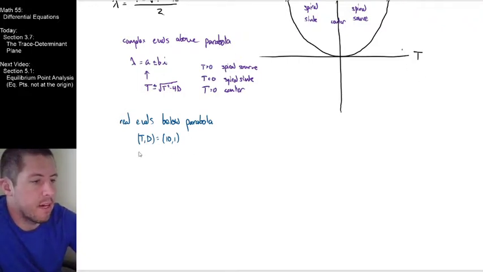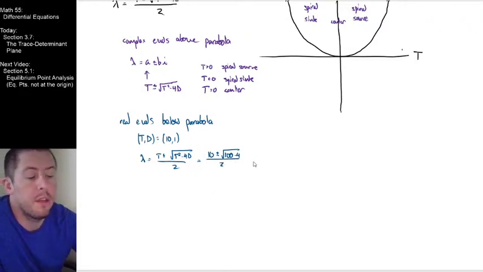Then we can see that lambda is equal to t plus or minus the square root of t squared minus 4d all over 2. And that's going to give me 10 plus or minus the square root of 100 minus 4 all over 2. Now, the important thing is that this is the square root of a number slightly smaller than 100. And so we're going to get two positive eigenvalues here, because the square root quantity was smaller than the 10 right there.